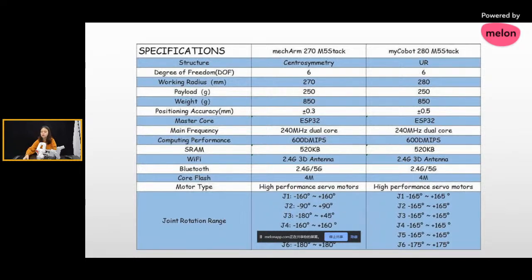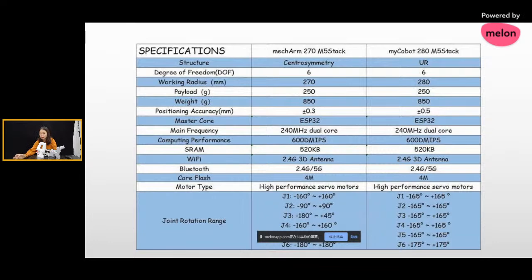So let's first look at the mechArm. The working range is 270 millimeters, and you can see from the bottom line, the joint rotation angle is relatively smaller than the angle range of the myCobot 280.